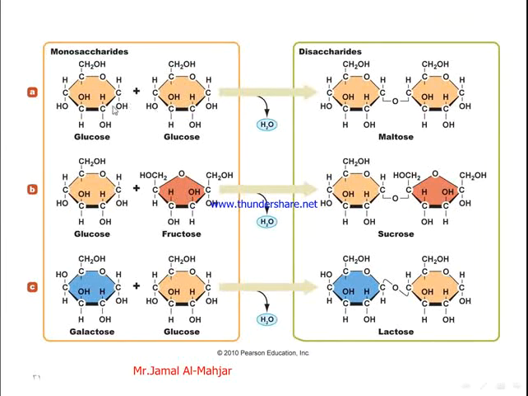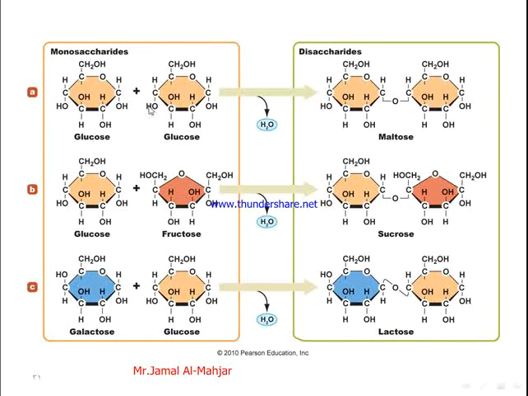Okay, this is the structural formula for all of them. What do you notice here? How can you distinguish glucose from fructose from galactose? Look here, the first one. These are the monosaccharides. The first one, yes, this is glucose. The same structure. Remove H2O. So OH with H are removed, and this is removed as H2O.